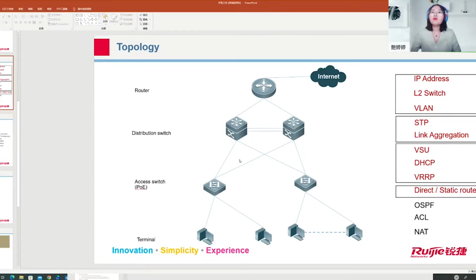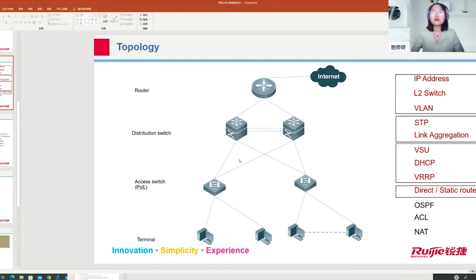That means we will take the destination IP address, use the mask in the routing table, find the longest matching destination, and then forward the packet out. In this scenario, we don't consider the AD value, and we also don't care about the metric. So this belongs to two planes, one the control plane and the other the forwarding plane.